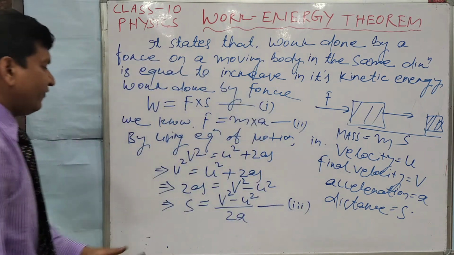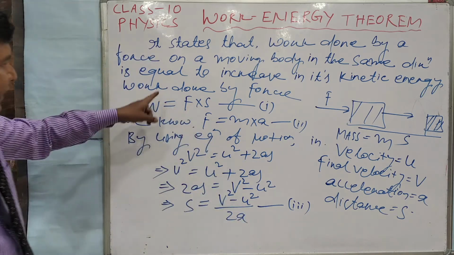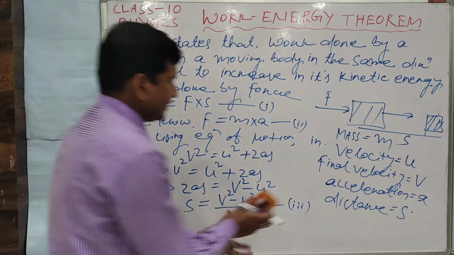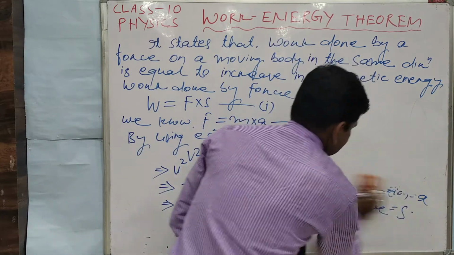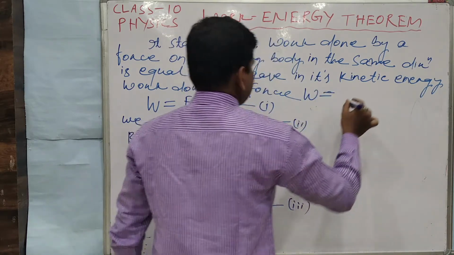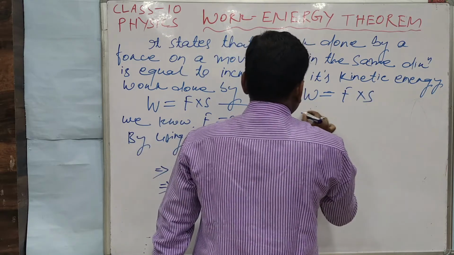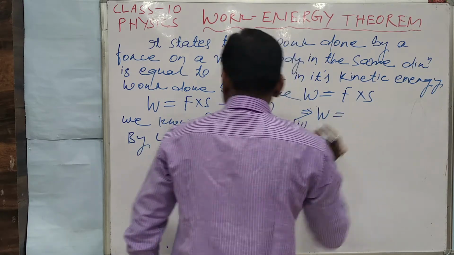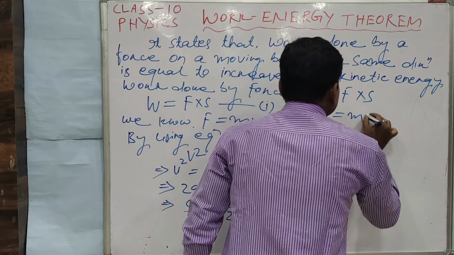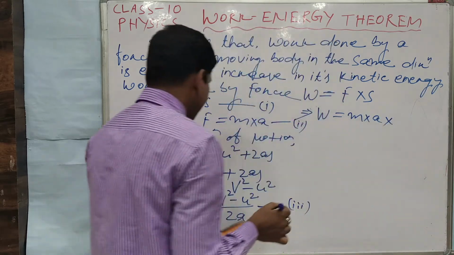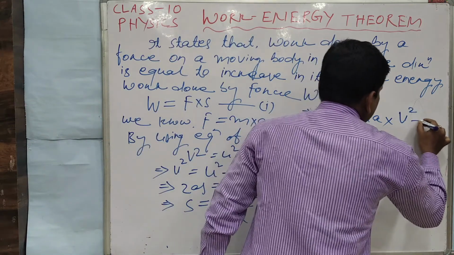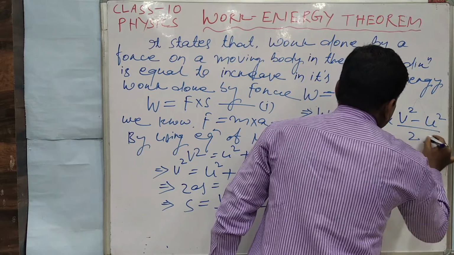Now substitute the value of S from equation number 3 in equation number 1. Equation 1 is W is equal to F into S. The value of F we got already, that is m into a, and S is v square minus u square divided by 2a.